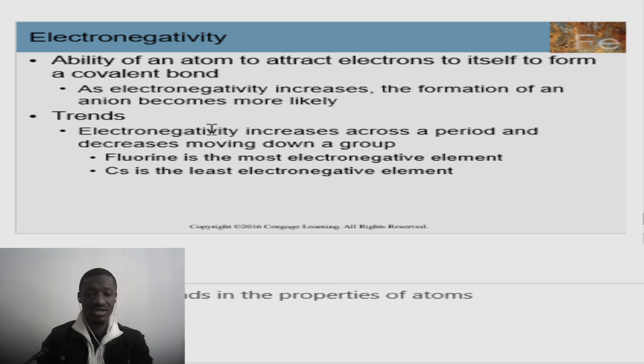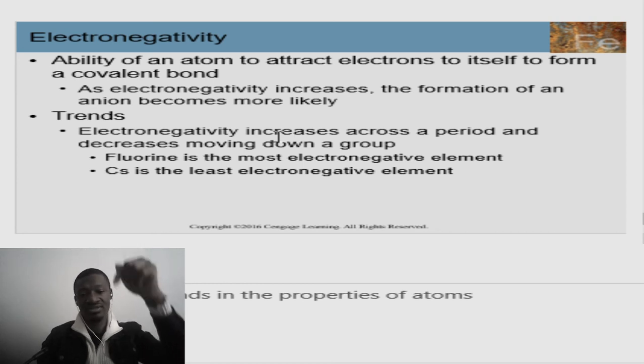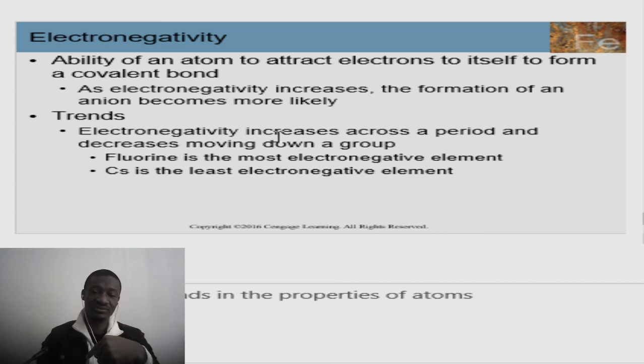So the trend for this is that electronegativity increases across the period and decreases down the group. Notice that this is similar to ionization energy, because it increases across, unlike atomic radius and ionic radius that decrease across the period and increase down the group.